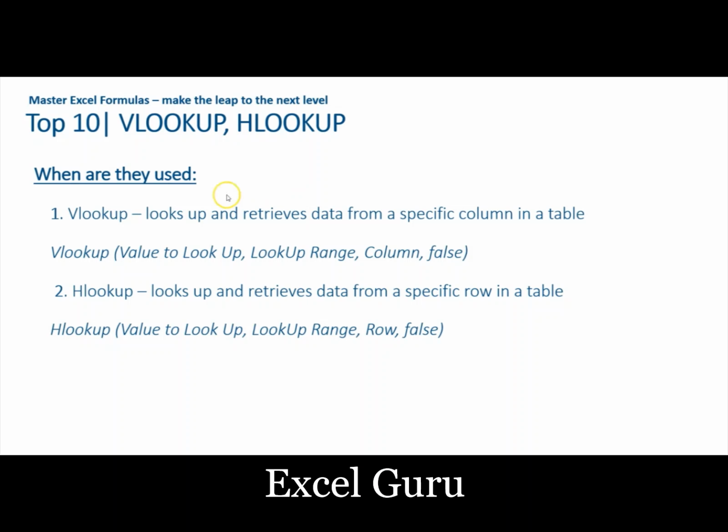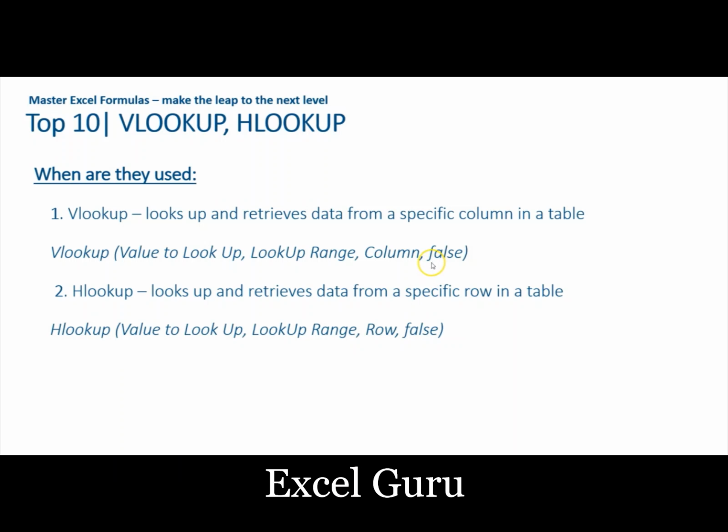What is the structure of the formula? First of all, we need to select the value that needs to be looked up, then the range in which that value needs to be looked up, and then which column the formula should retrieve data from, and then I have written here false, but it can be true as well.